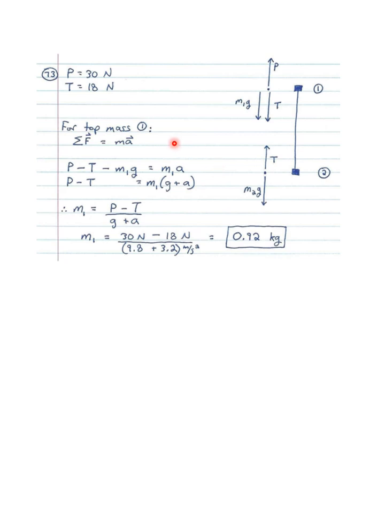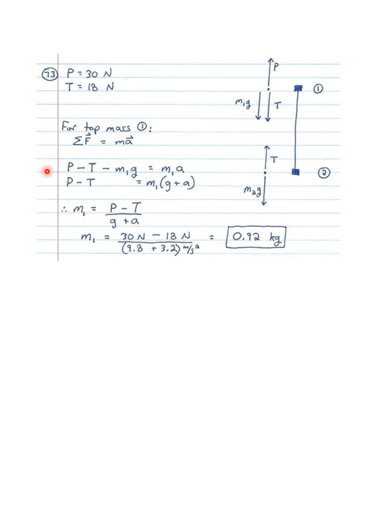For the top mass, we can say the sum of the forces is m times a. And we have to keep in mind what we're trying to solve for. What are the two masses? All right, so let's see if we can solve for mass 1. We go into F equals ma and we do the pull upward minus tension minus m1g equals m1a.